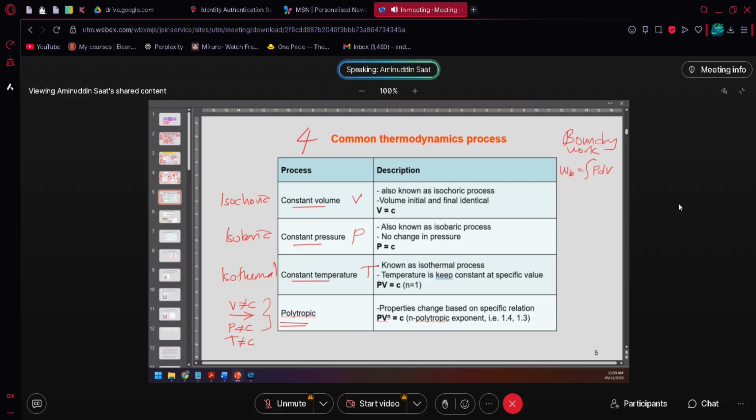So we need to find the boundary work for the constant volume, for the constant pressure, for the constant temperature, and for the polytropic. So we need to define four boundary works based on the general equation, the integration of PdV.